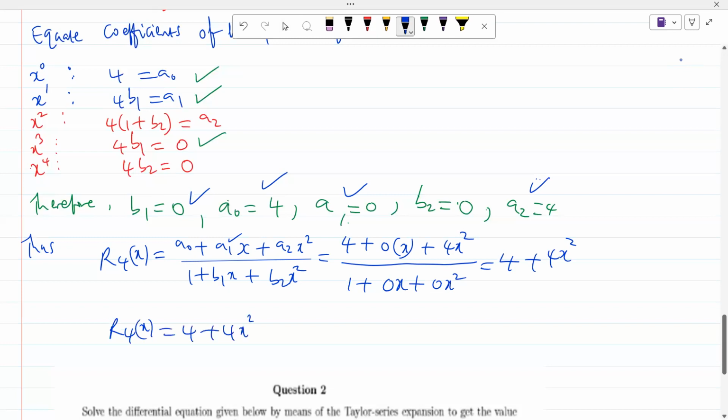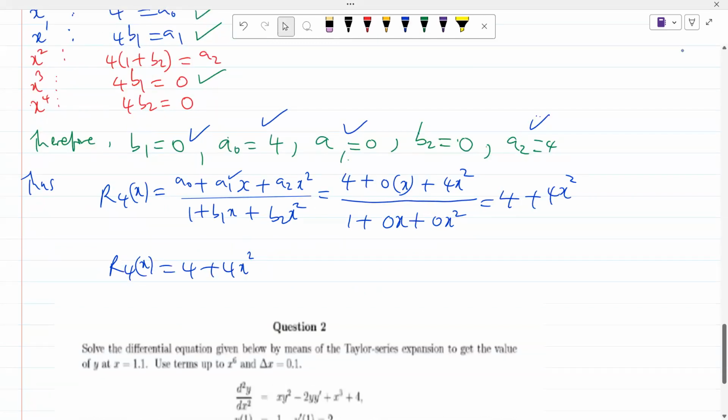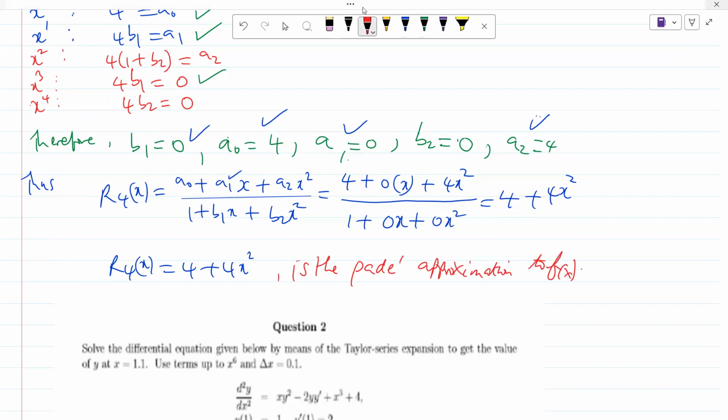And this is the Pade approximation R4 they wanted. Pade approximation to what? To f of x.